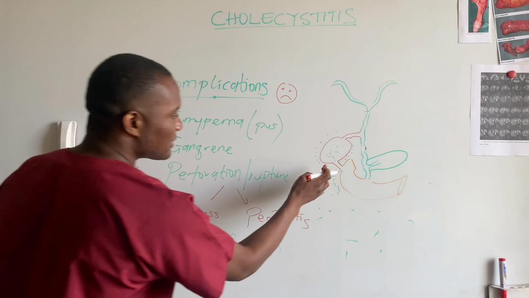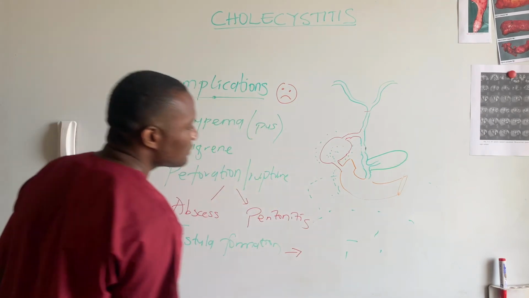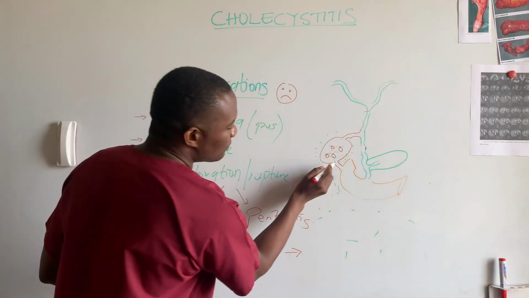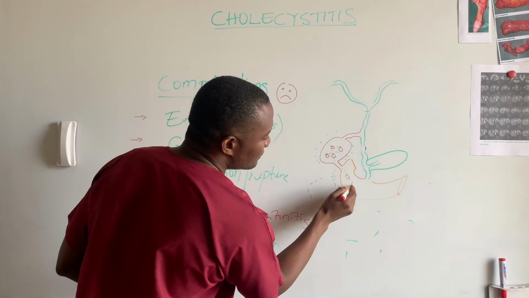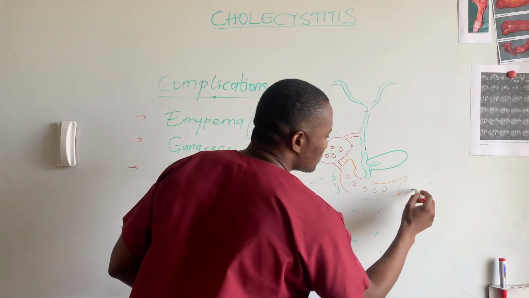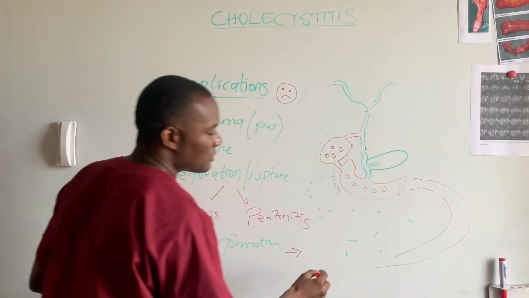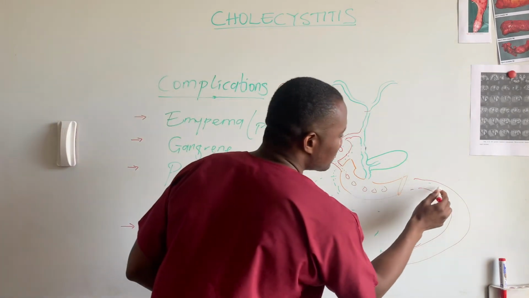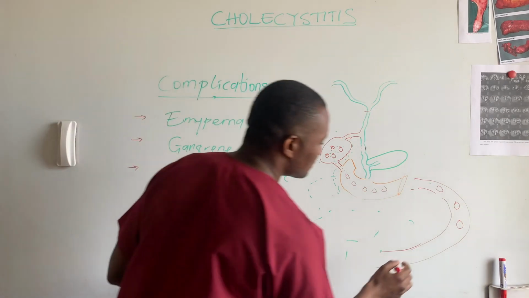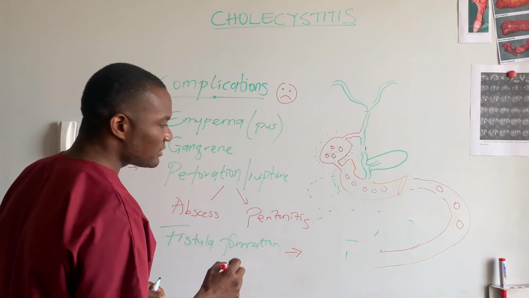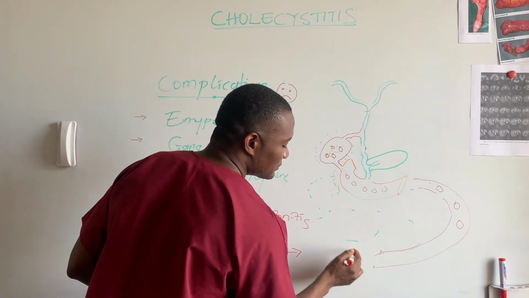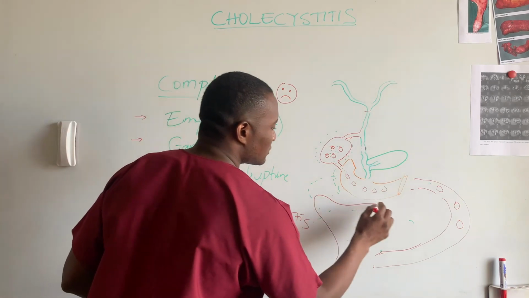And once this occurs, the stone or stones from the gallbladder will migrate to the duodenum, and of course to the small intestine. The stones travel, and they will cause obstruction, especially at the ileocecal valve. That is where the ileum enters the colon, the large intestine.